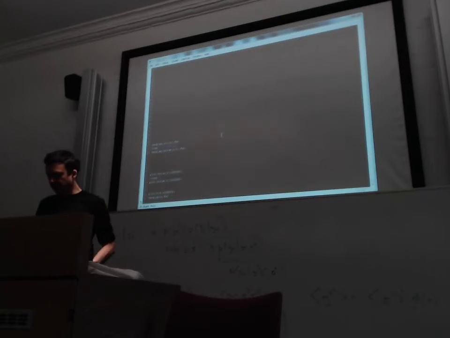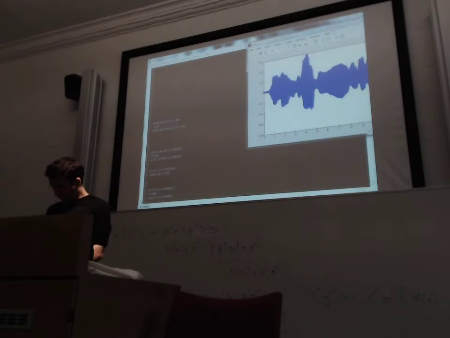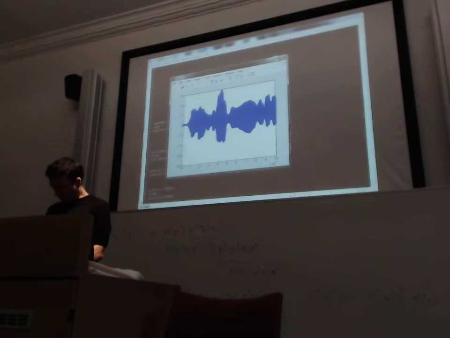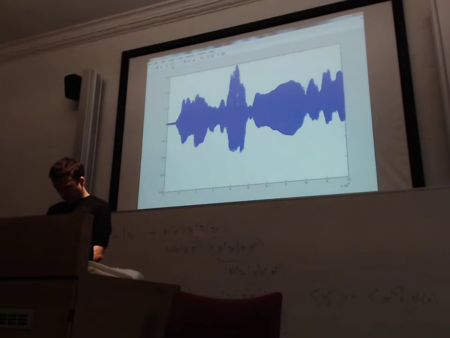Let's just see what that looks like. Zoom in on a similar region as before.